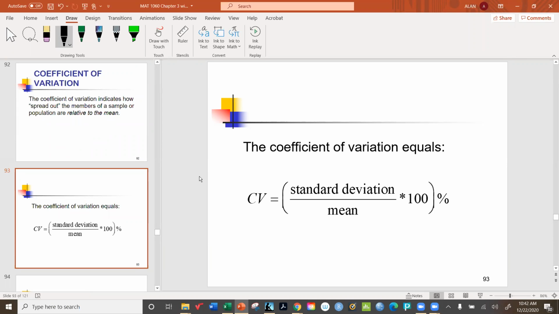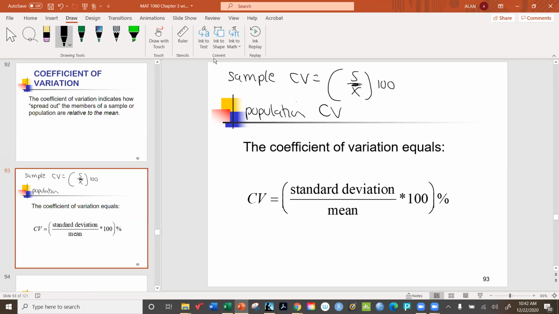For example, the sample coefficient of variation would be written as S over X bar times 100. The population version is going to equal sigma over mu times 100. Either way, it's the exact same logic.